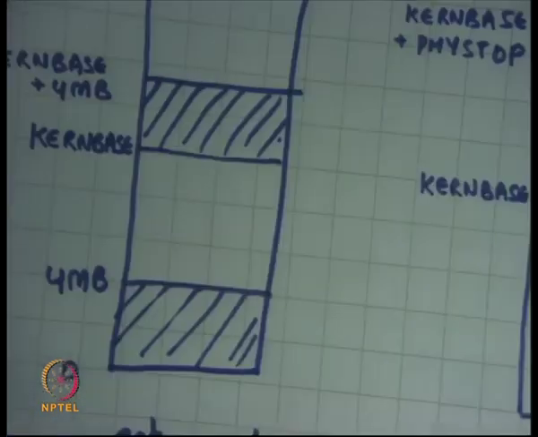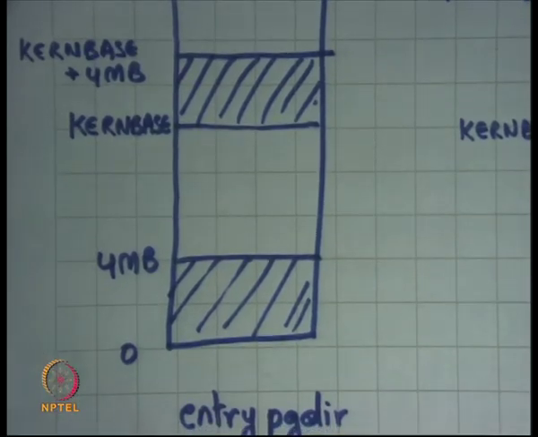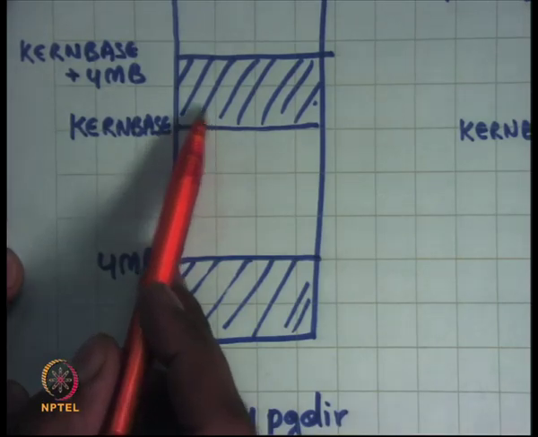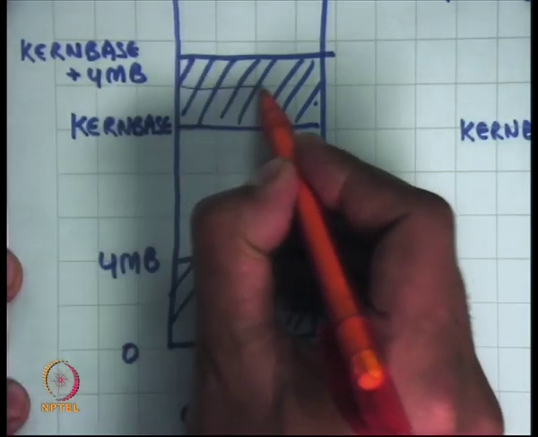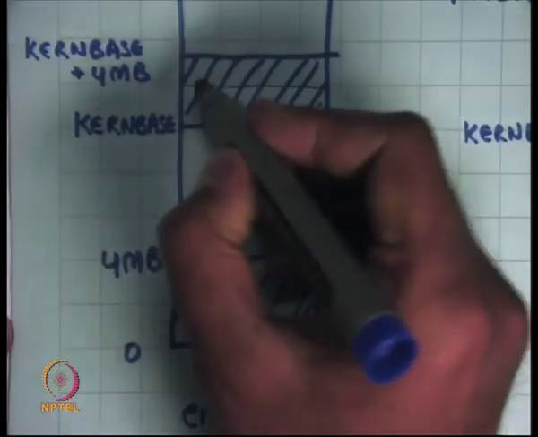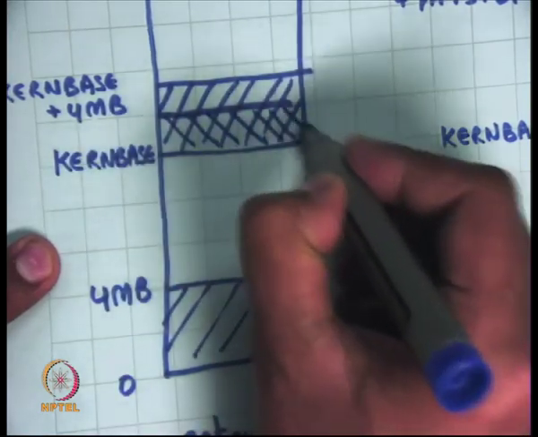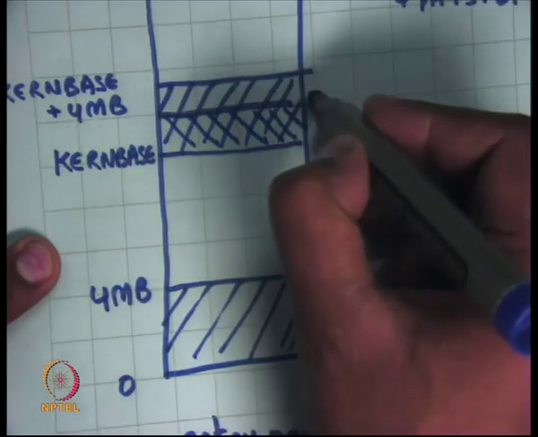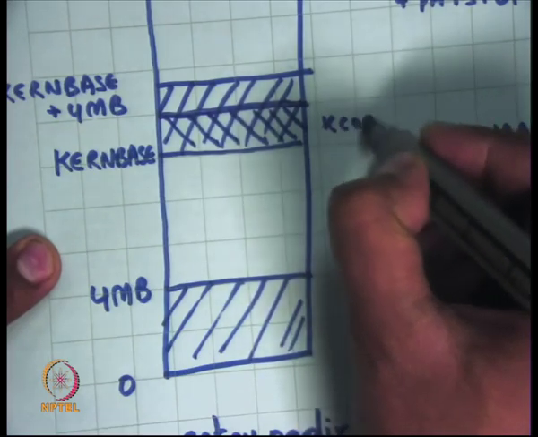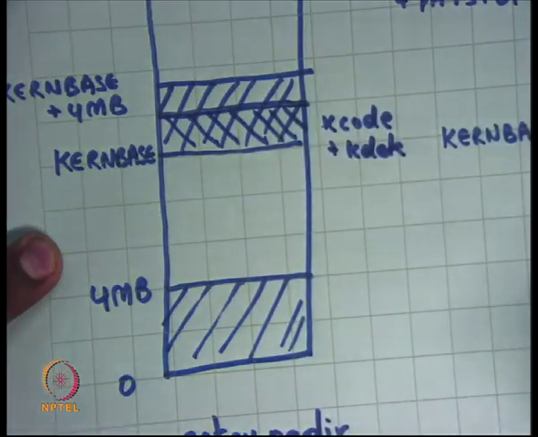It basically says that let's say at this point I'm executing on entry page dir, and let's say some area of this 4 MB is used for the kernel code plus data, k code plus k data, right?